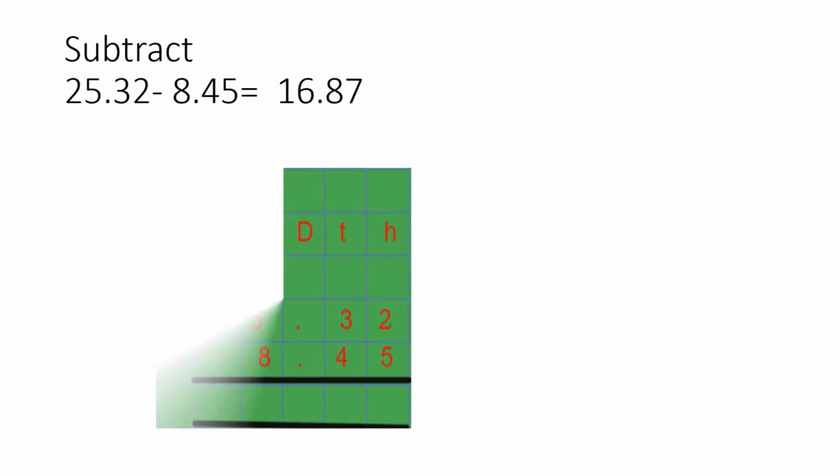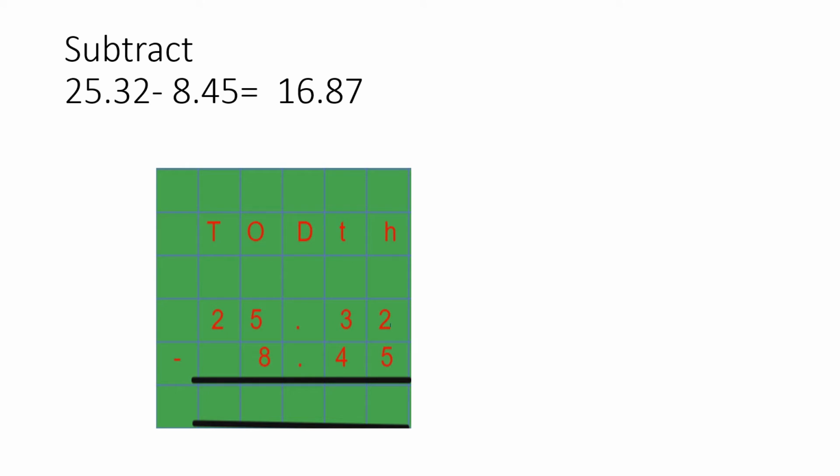Let us go to the next question. I have taken many examples here to help you understand better how to subtract decimals. The question is 25.32 minus 8.45. In the same way we write decimal, ones, tenths, hundredths.